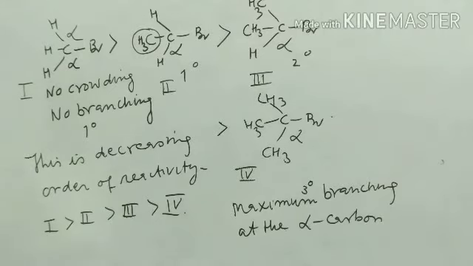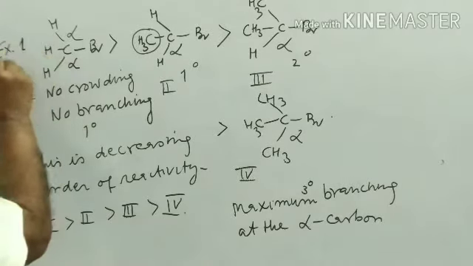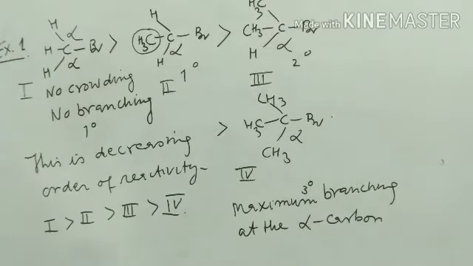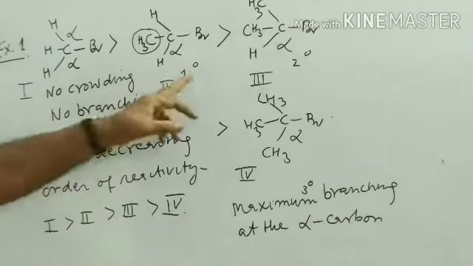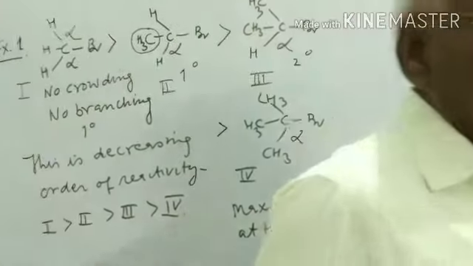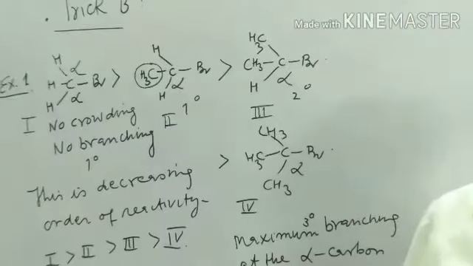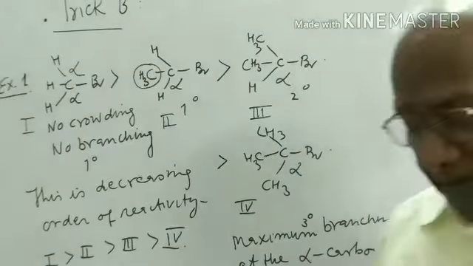Now take another example. This is example number 1. You can take one more example. This example fits well in the theoretical observations that 1 degree alkyl halide is more reactive than 2 degree and 2 degree alkyl halide is more reactive than 3 degree.